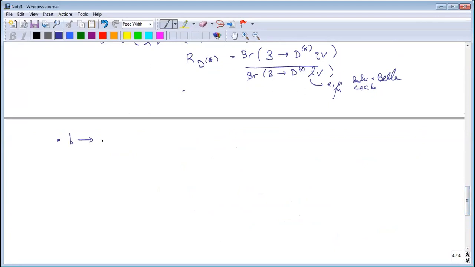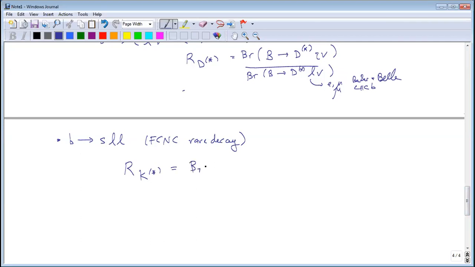Now the next set are in the processes, quark process B to s l l. And as we know, the B to s transition is a rare decay, right? It's a neutral current, so it's a rare decay in the standard model. And here there's a ratio R(K) and also an R(K star). Okay, so we're just going to lump them both together.